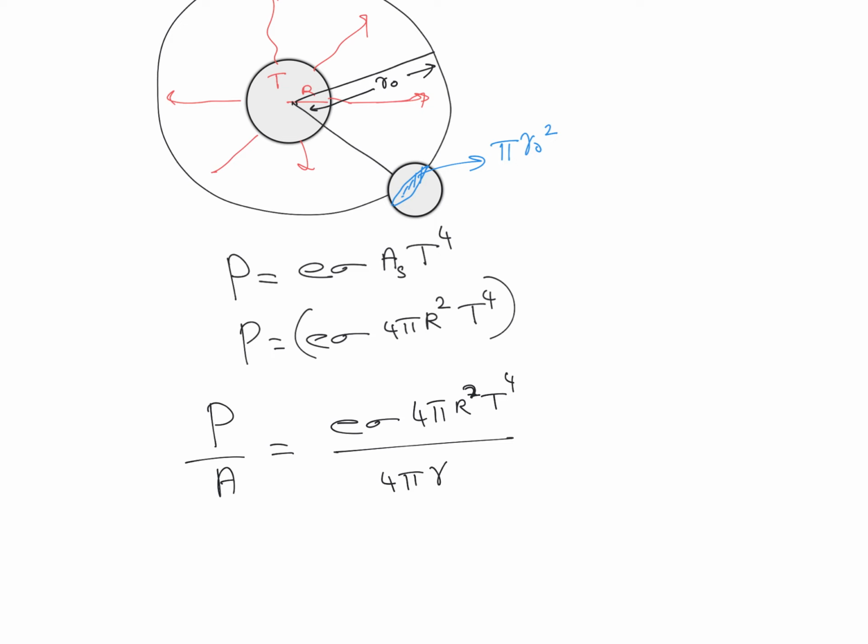This radius is the distance between the sun and Earth, which is given as small r.